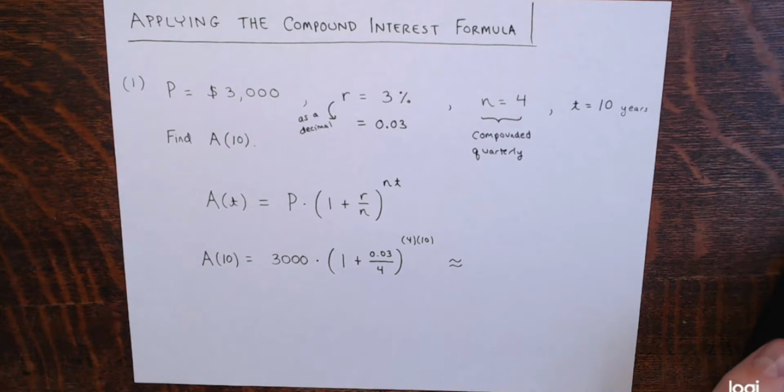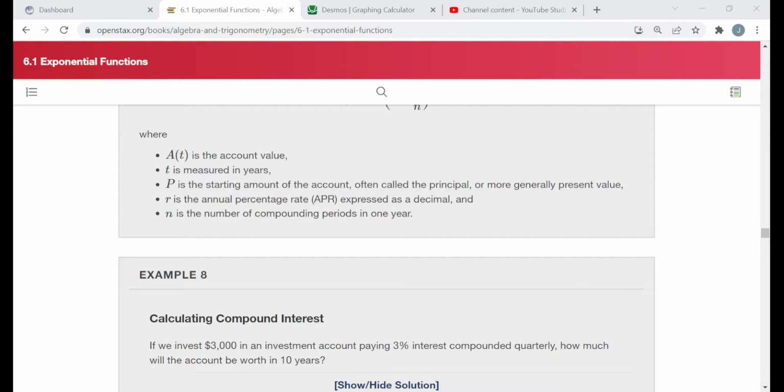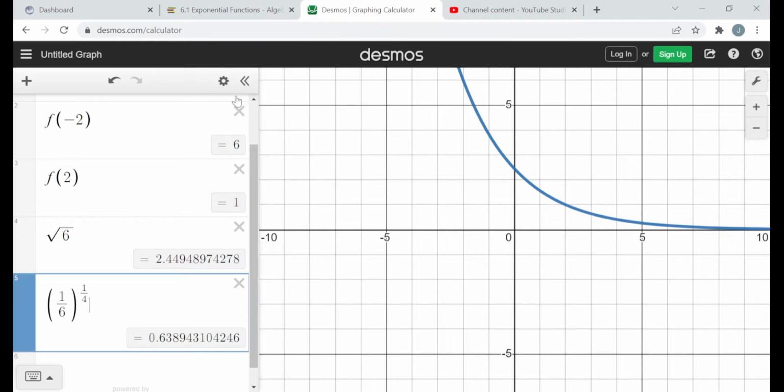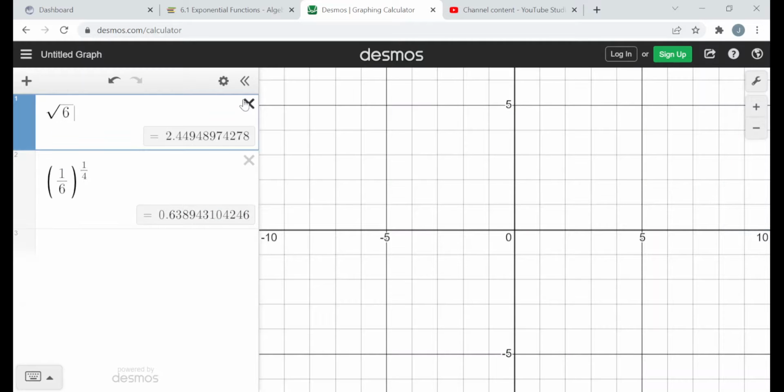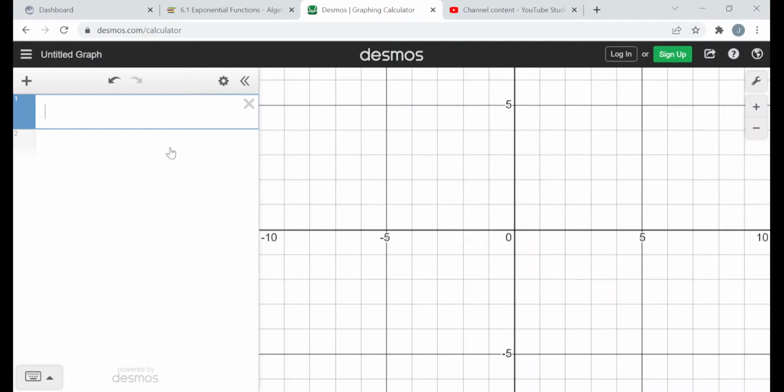And I'm going to go to a calculator for this. I'm just going to go to that Desmos site, desmos.com. Oh, this was from a previous video. I'm sorry. Go to desmos.com, and off to the left side here, I'll just enter the calculation we're making. 3,000 quantity, and then 1 plus 0.03 divided by 4, close the parentheses, raised to the 40th power, right?